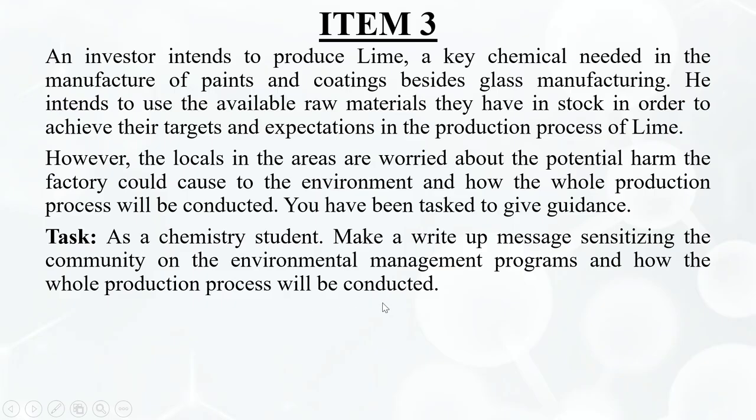Now, before you rush to answer, first reread the question, the scenario. Identify what do they want to produce. They are saying that an investor intends to produce lime. Oh, good. So in simple terms, they want to invest in lime. So what's the problem?